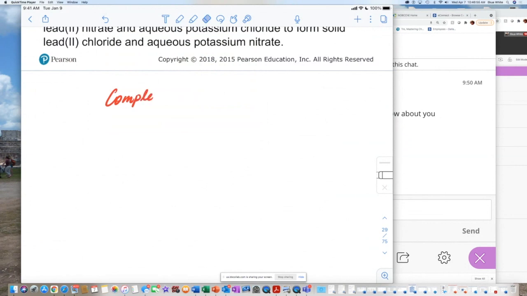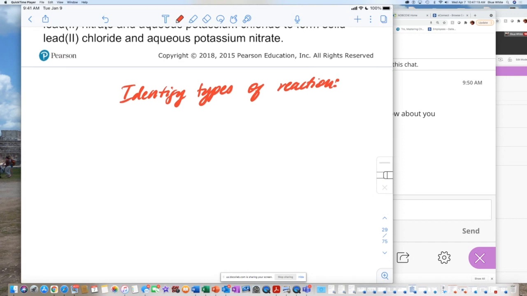Instead of completing reactions, because I don't have enough time to complete the reaction, I'm just going to focus on identifying types of reactions. I don't have time to go over completing the reactions, okay? But in the process, I'm kind of going over completing the reaction.